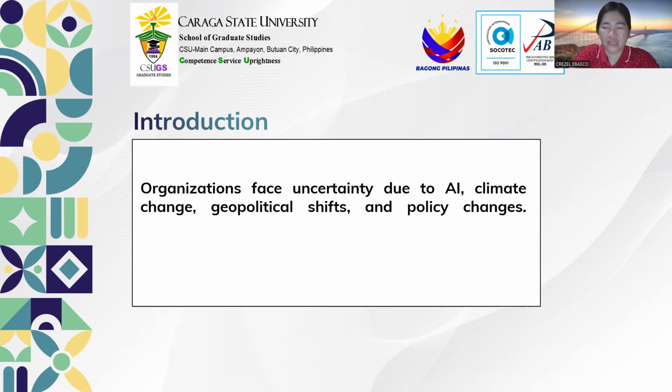Technological innovation, artificial intelligence, globalization, climate change, pandemics, and policy reforms constantly reshape organizational operations. That is why traditional planning methods that rely solely on historical trends are no longer sufficient. Therefore, leaders combine forecasting with scenario planning to enhance preparedness and resilience.